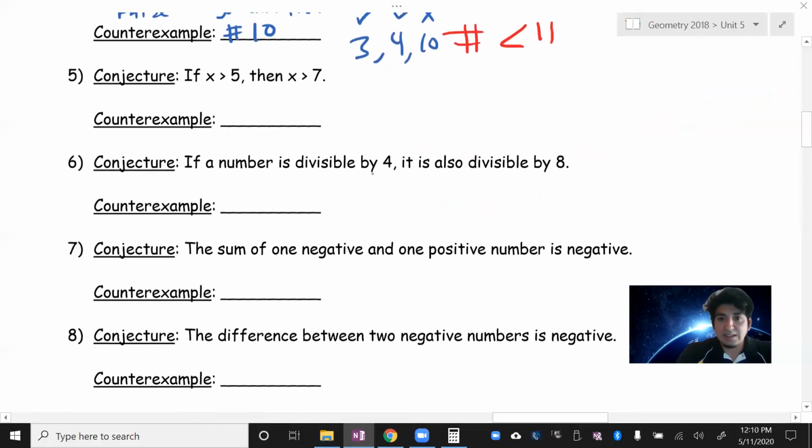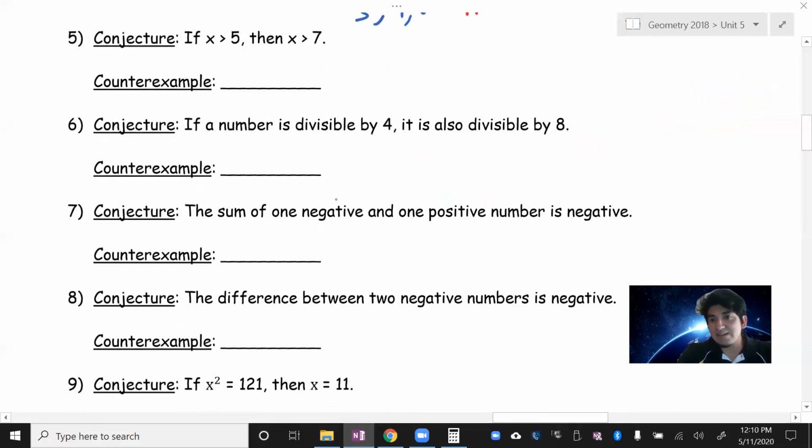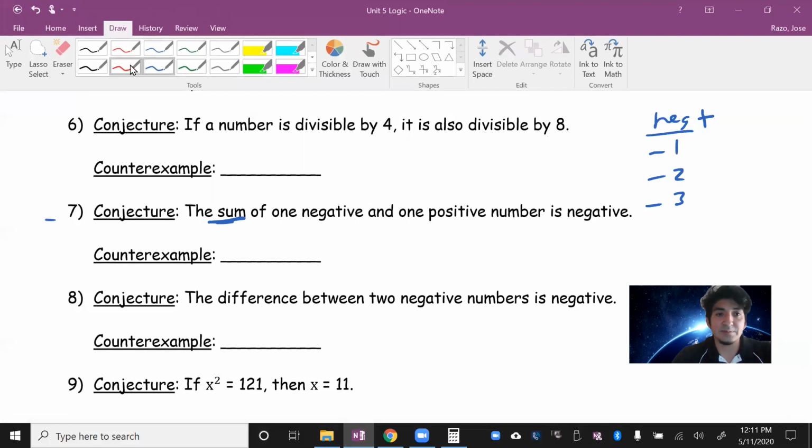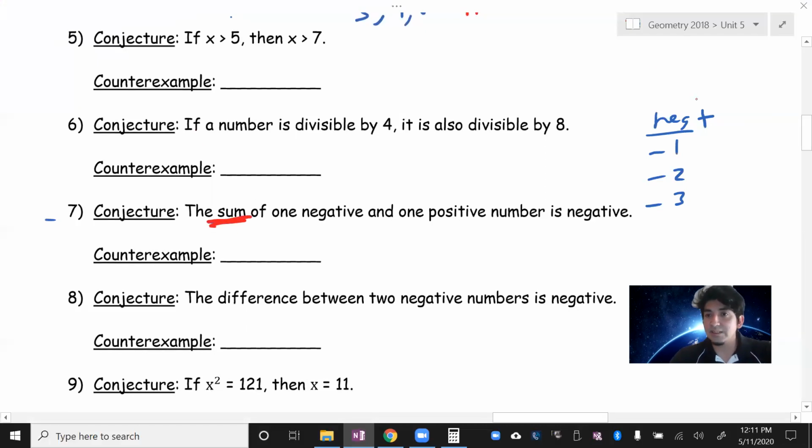Okay. Now, as you're going through these, you might have some negatives and positives. So number 7, the sum of a negative number and one positive number is negative. So let's think about this. So if I have a negative, and I say negative 1, negative 2, and negative 3, and I have to add, because it said sum, I'm changing my color here. Red. It said sum.